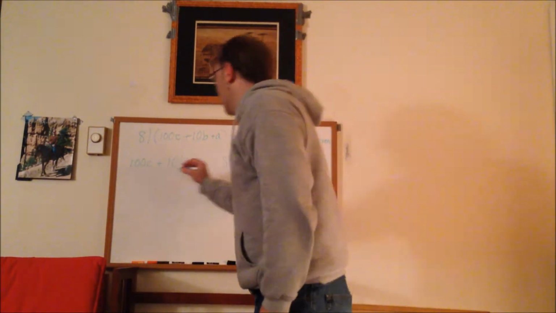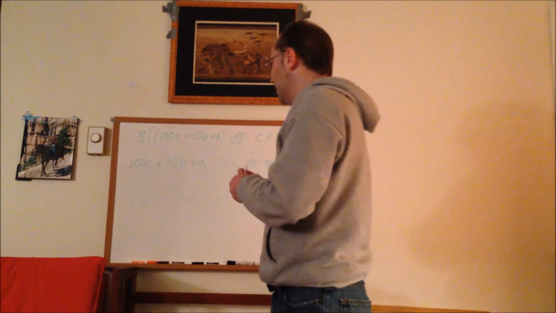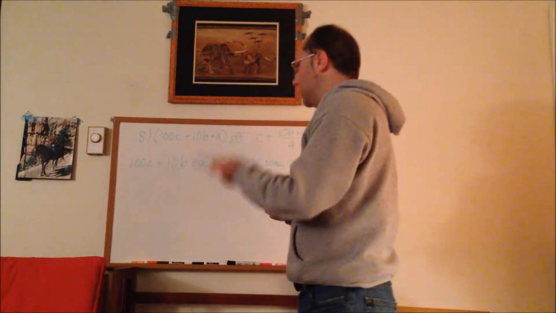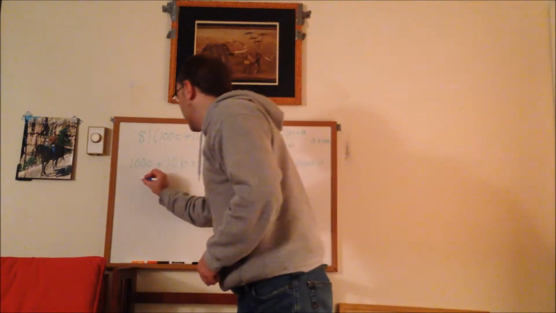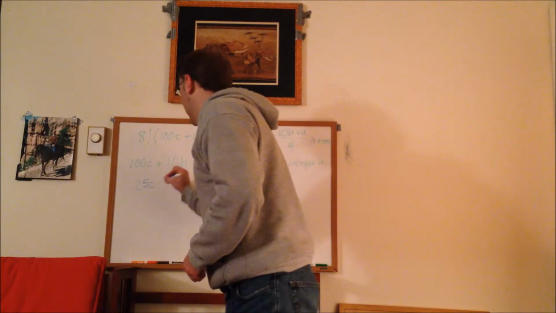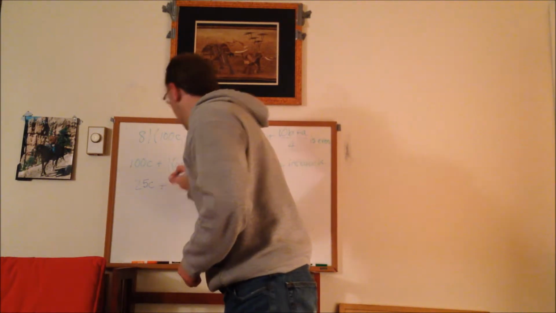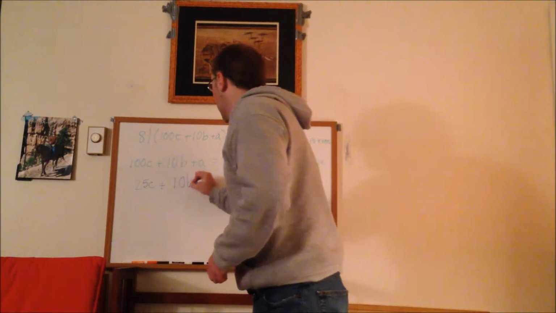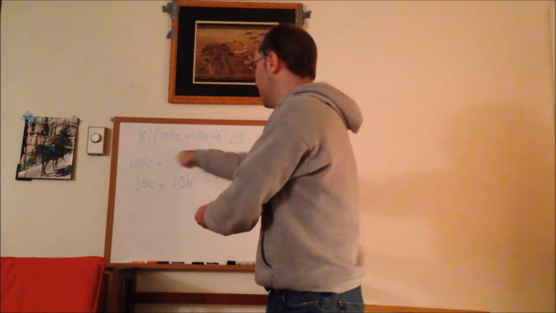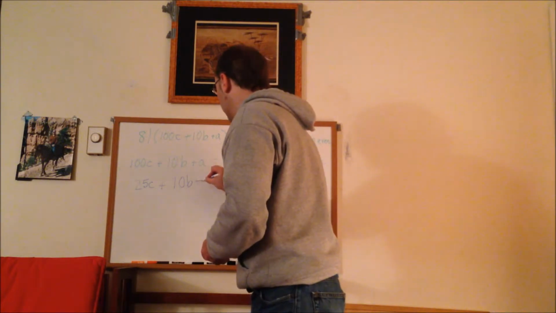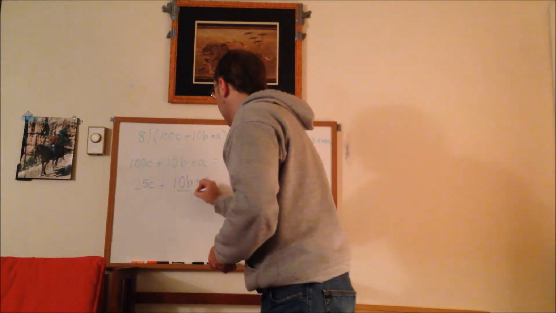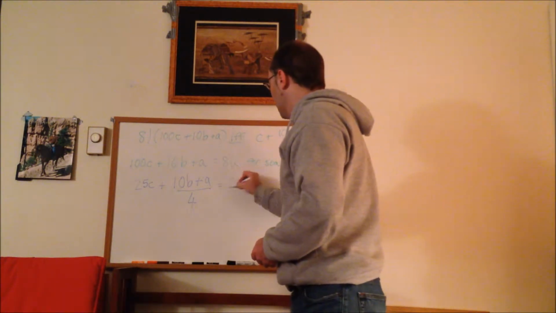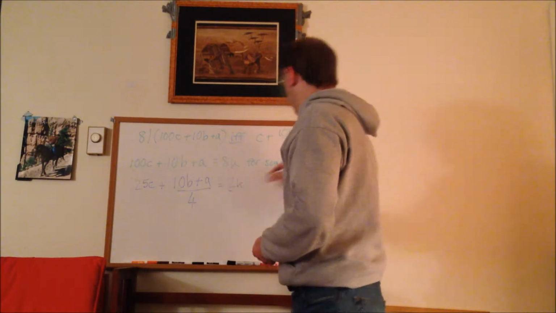Alright. So how are we going to figure this one out? We're going to divide both sides by 4, and that's going to give us 25C, since the denominator's common to everything here, we can just simply write it like this, and 8K divided by 4 would be 2K, and of course that's even.